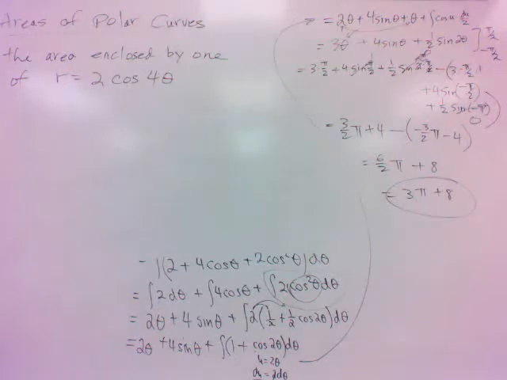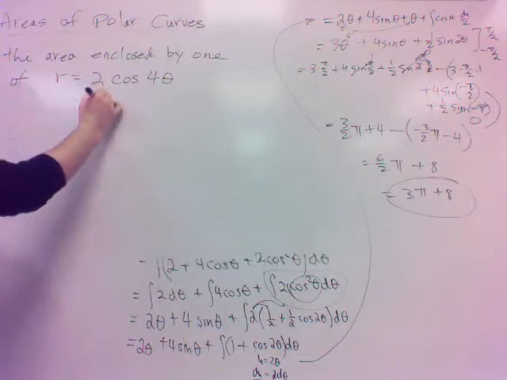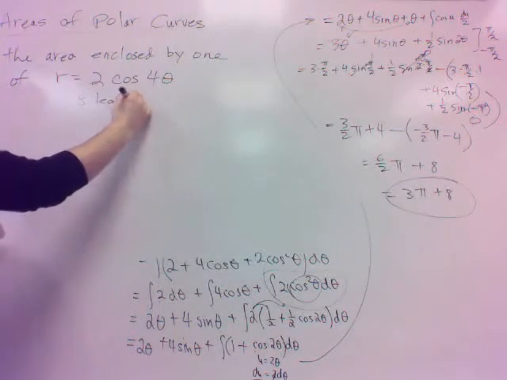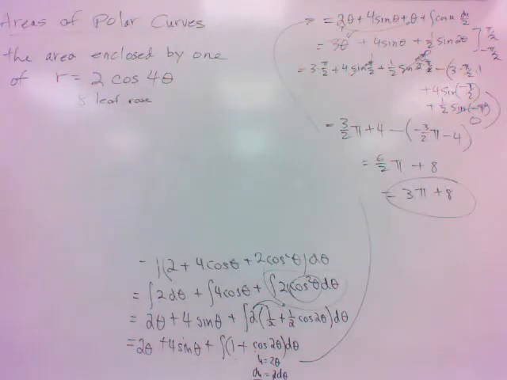It's got 8 leaves. It's one of the 8 leaf ones. I want to know the area of one of those loops. And basically, the first loop does that.